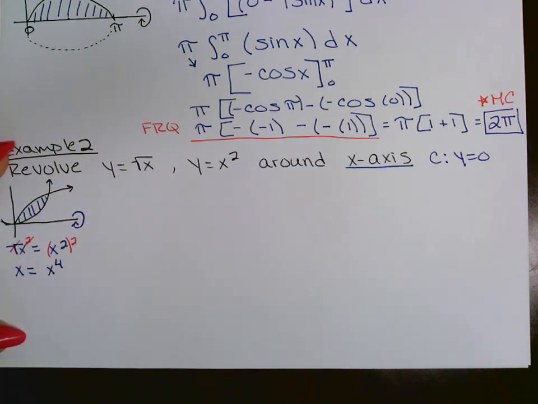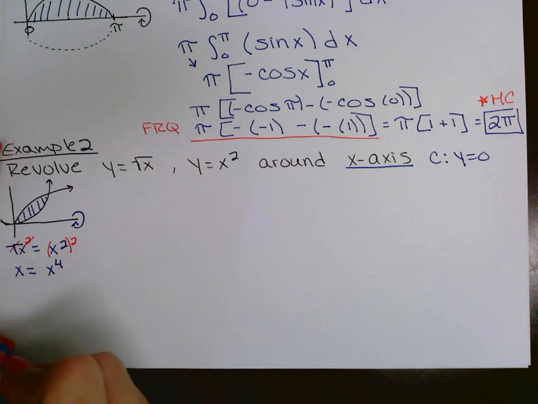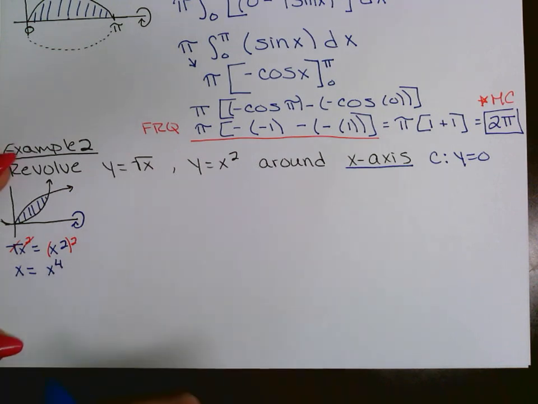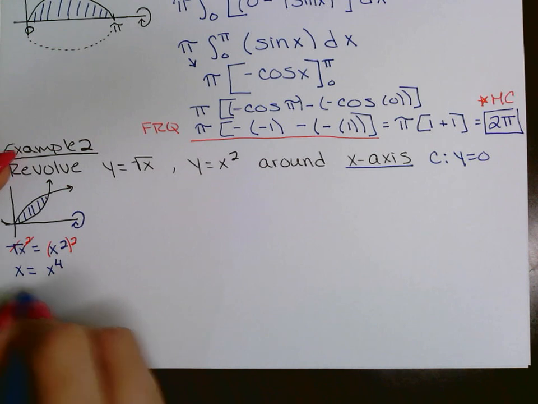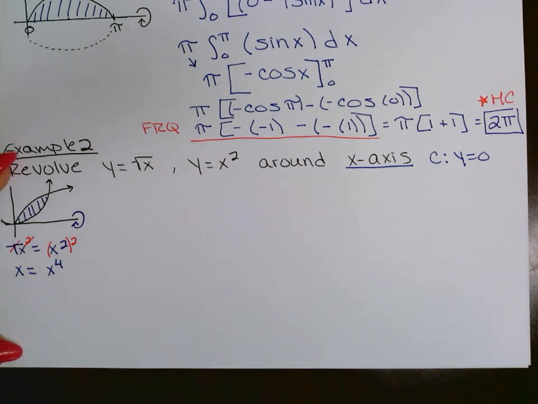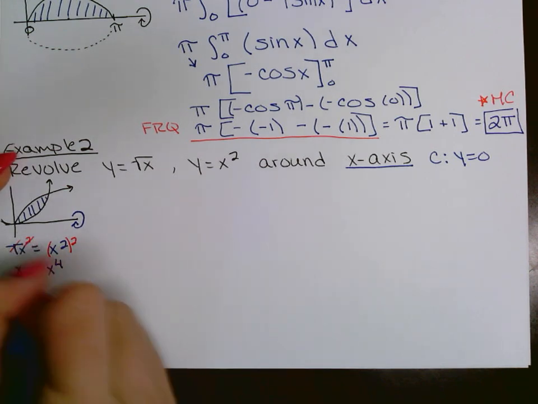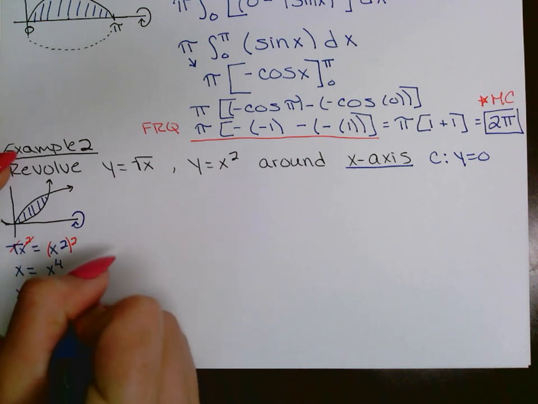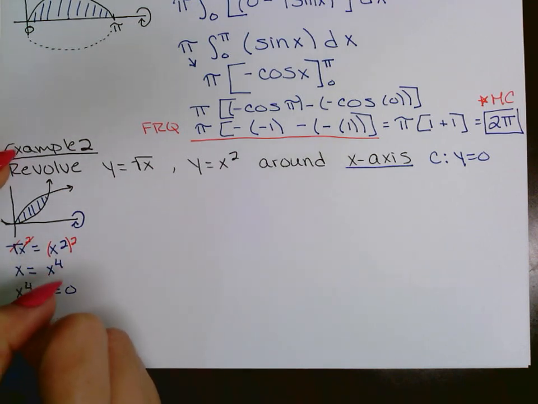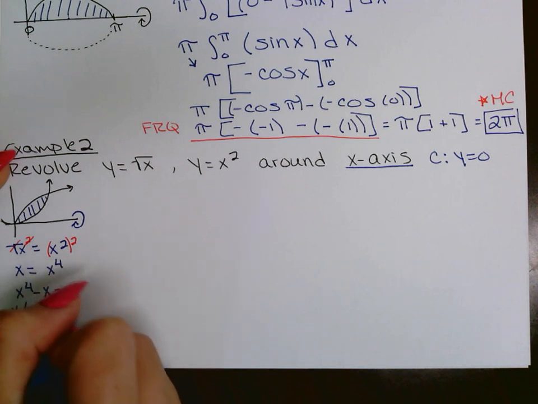Okay, now I can move them to both sides, or I can divide by x. Okay, I'm going to stick to the same method we were doing last class, so you guys have that one method in your head. So if I subtract the x over, I have x to the 4th minus x equals 0. Factor out an x.